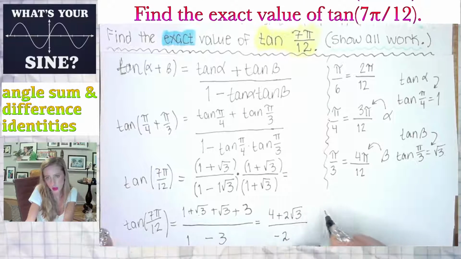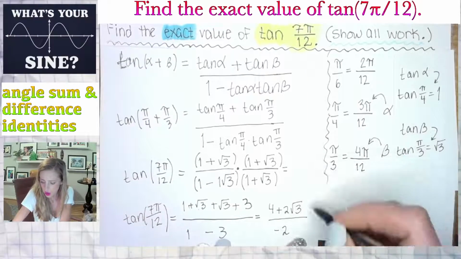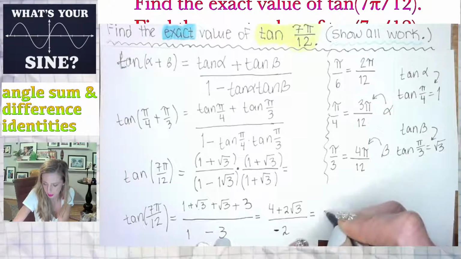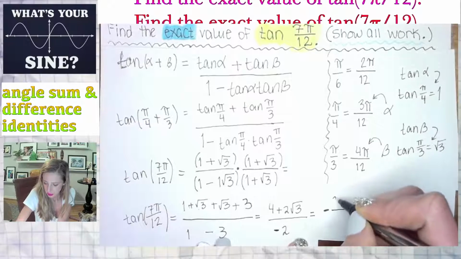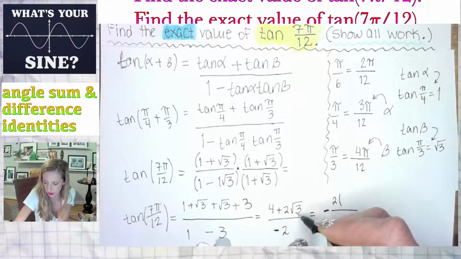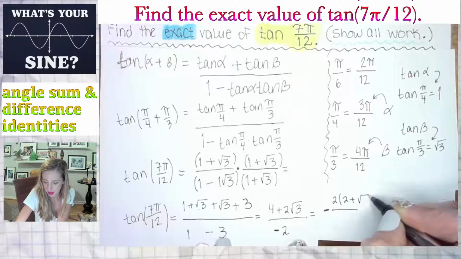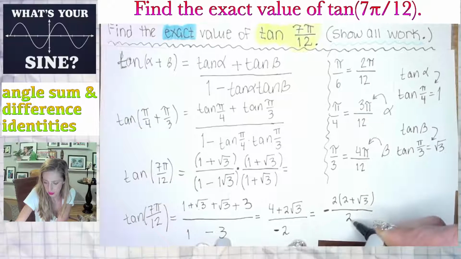Now, just to go into a bit of detail showing this simplify, we also spoke about negatives not being allowed on the bottom, so I'm going to pull it first in front of that fraction bar. I'm also going to factor a 2 out, my greatest common factor, and that leaves me with a 2 plus root 3 over 2.